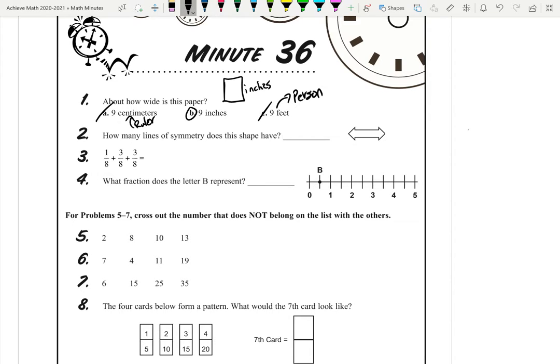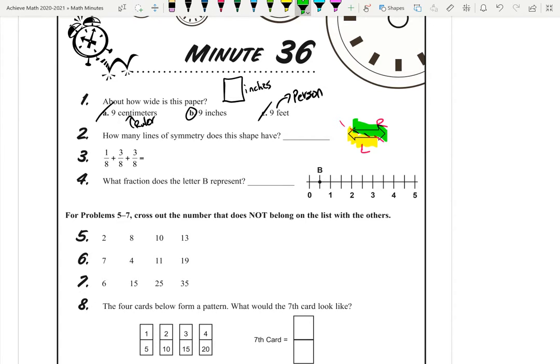Number 2, how many lines of symmetry? Symmetry is, for example, because there's two M's, and two M's are the same. They have a line of symmetry between them. So where can I draw a cut that would make the two pieces exactly the same? Now I want to talk about a diagonal cut, because some of you might say that, like this one on the left, comparing it to the right, they might be identical.